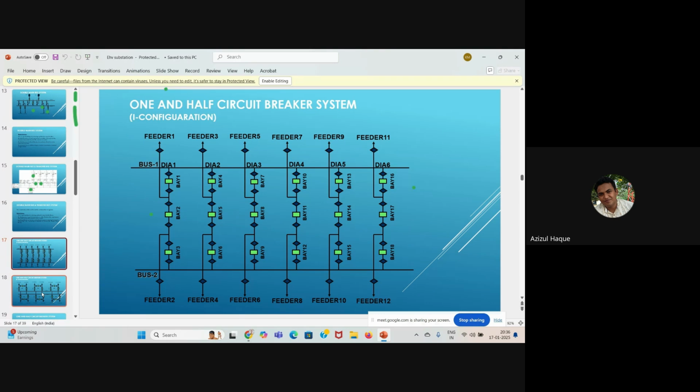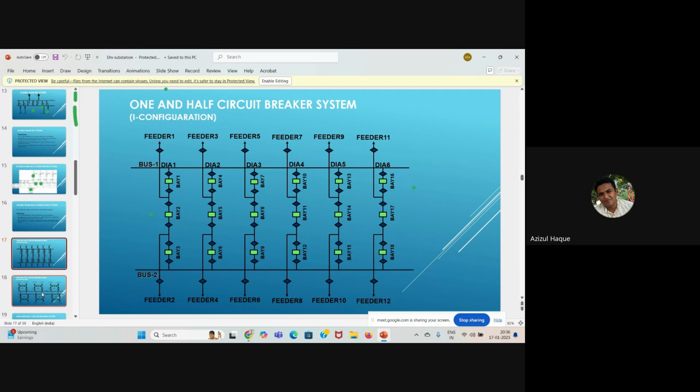The feeders are arranged in this fashion. These feeders may be incoming feeder or outgoing feeder, it doesn't matter. We can connect any incoming or outgoing feeder. Both the feeders in a dia may be outgoing line feeders, or both may be incoming feeders, or it may be one incoming feeder and one outgoing feeder.